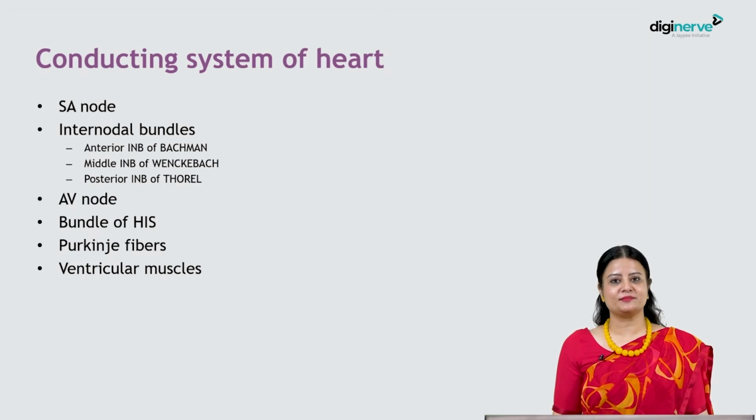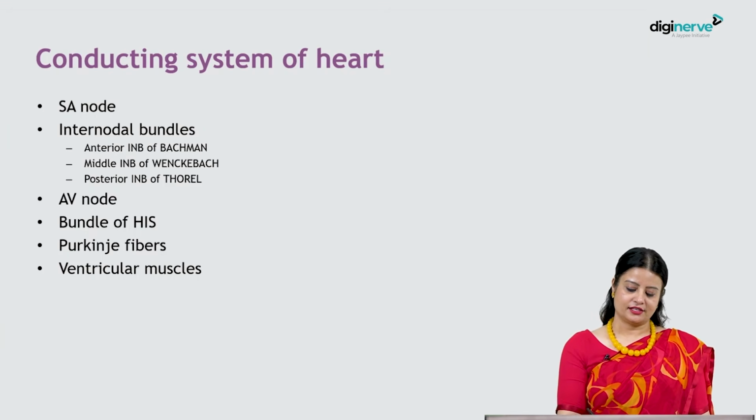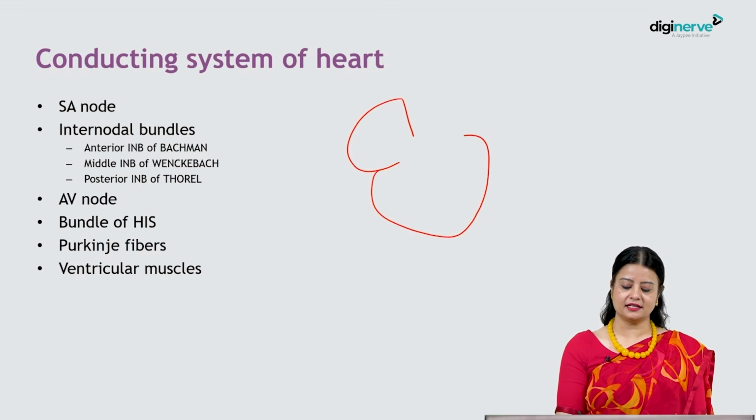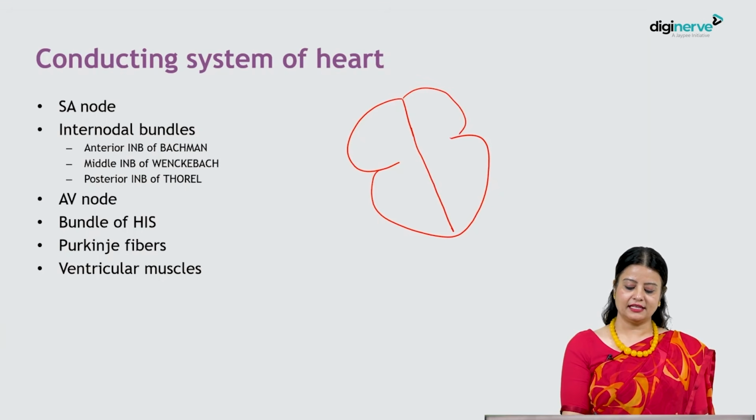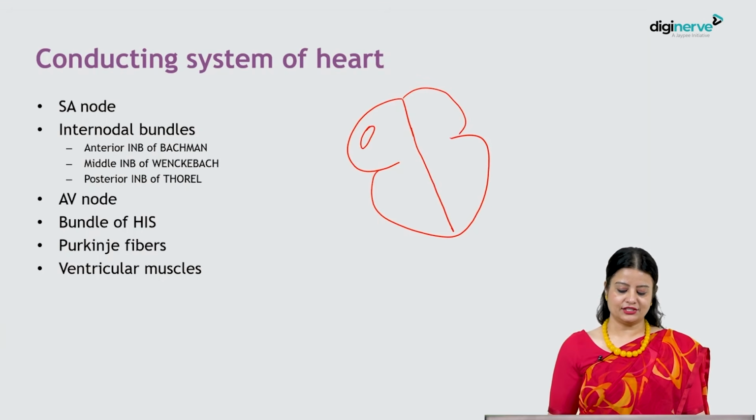So as a first objective is to study the conduction of the cardiac impulse. Let's begin. So you all know that the pacemaker in the heart is the SA node, which is situated in the right atrium.